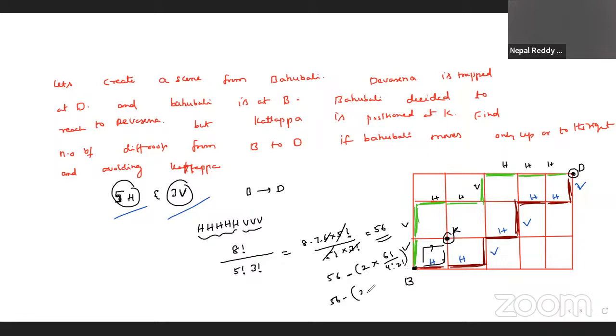Therefore, 56 minus 2 into 6 into 5 by 2. We get 30 divided by 2, the 2 gets cancelled. 56 minus 30 gives the result 26, which is the right answer.